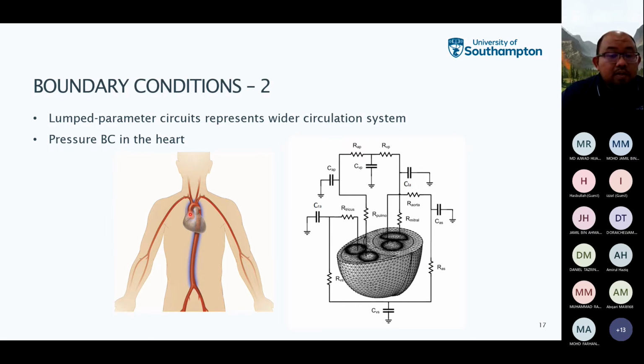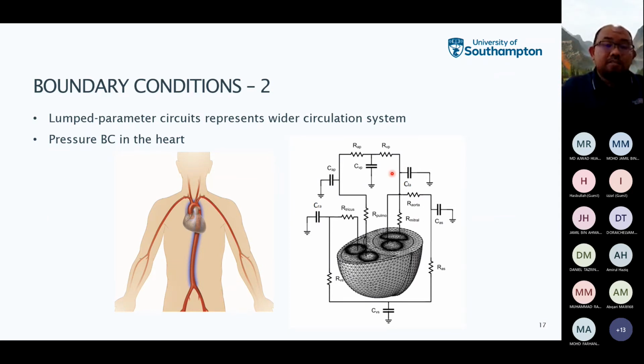And typically, because the heart is also interacting with your circulation system, remember the heart is pumping the blood through all the blood vessels. So you have to represent the blood vessel as a circuit. Rather than modeling it like fluid mechanics, we can represent it as a circuit like this, because our blood vessel has some capacitance.